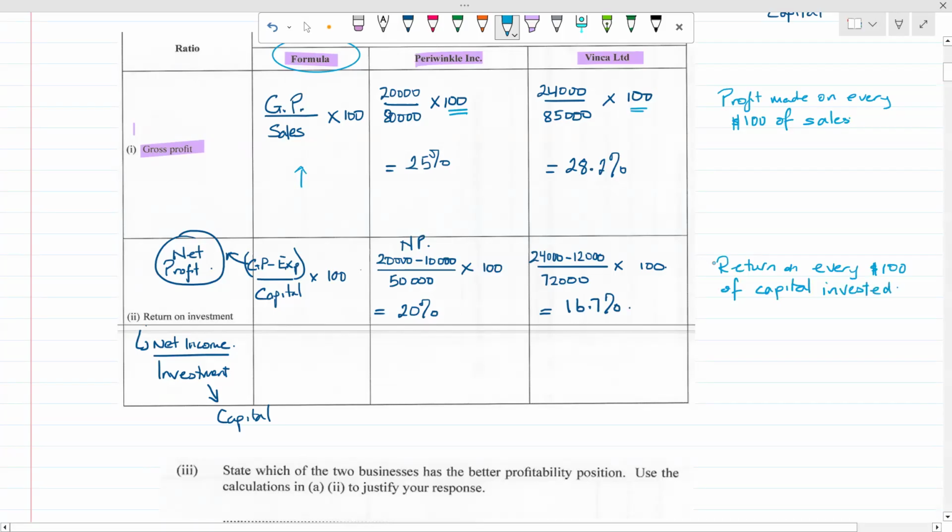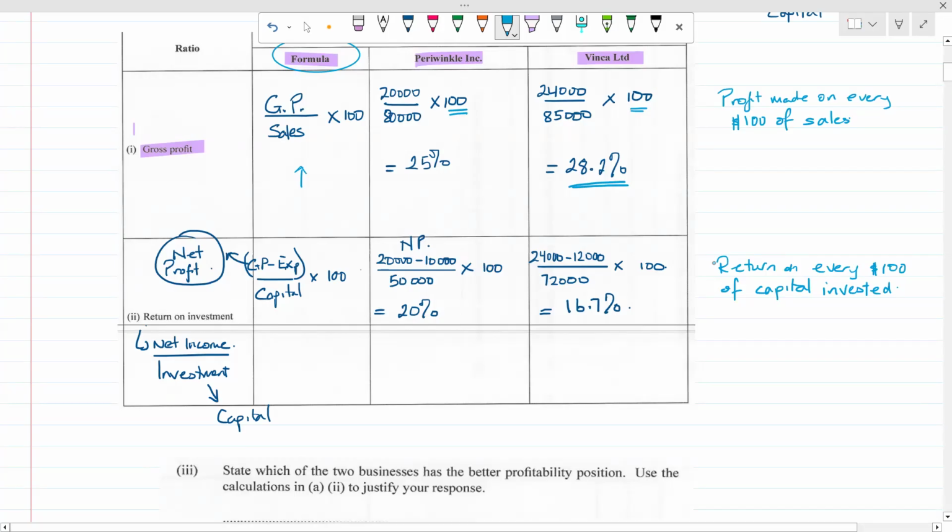So although Winkle is showing that they're making a higher return on every $100 worth of sales, they're falling short by the time they get to the return on investment. The return on investment is showing that their operating expenses are reducing that large amount of profit that they have made on sales, right?